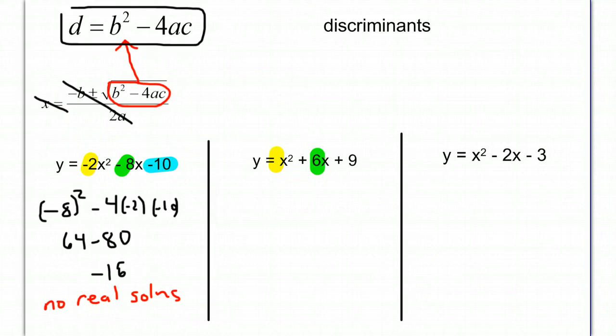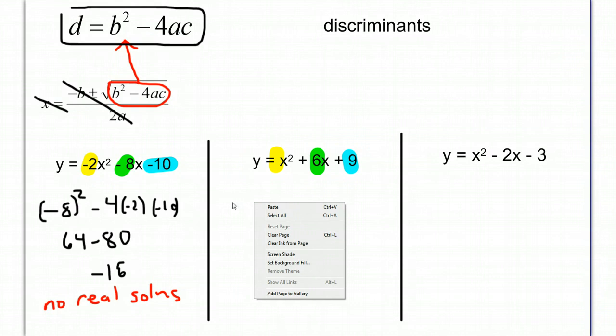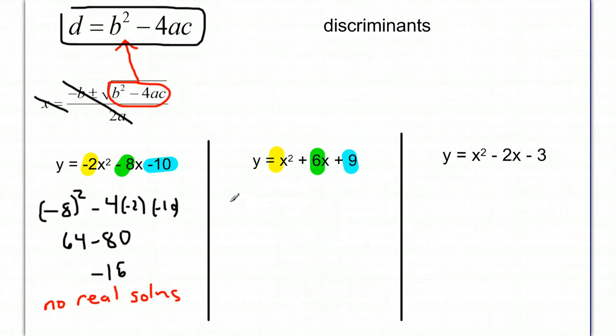We have a 6 for our b value, and then we have a positive 9 for our value of c. So b squared is going to be 6 squared minus 4 times a, which is 1, times c, which is 9. So 6 squared is 36. 9 times 4 is 36. Times 1 is still 36. And there's a minus sign between them.